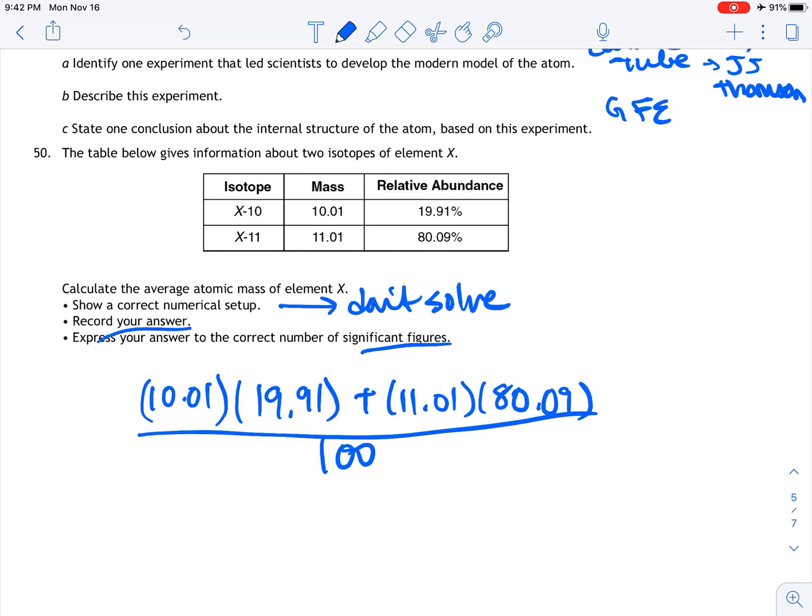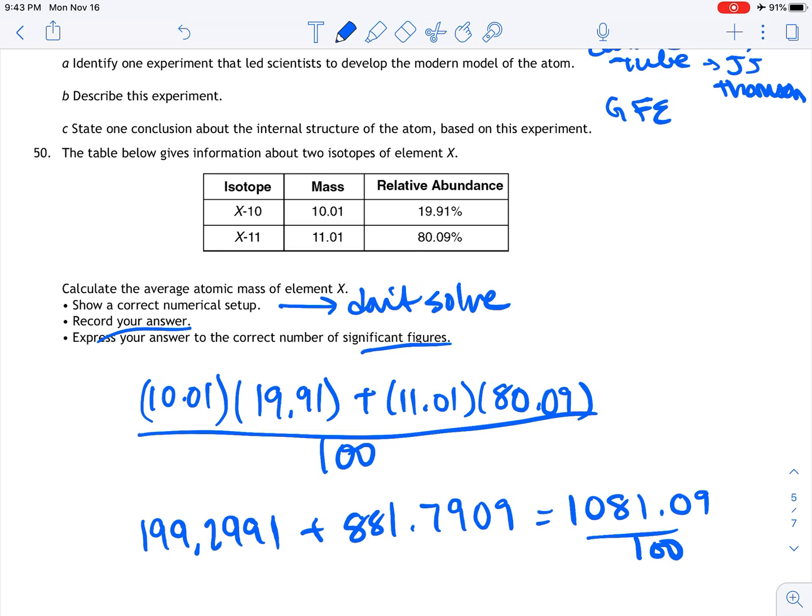10.01 times 19.91. That's 199.2991. And then I'm going to multiply that by 11.0. And I haven't rounded to sig figs yet, so don't worry. 881. Okay, so 199.2991 plus 881 plus 0.7909 is 1.